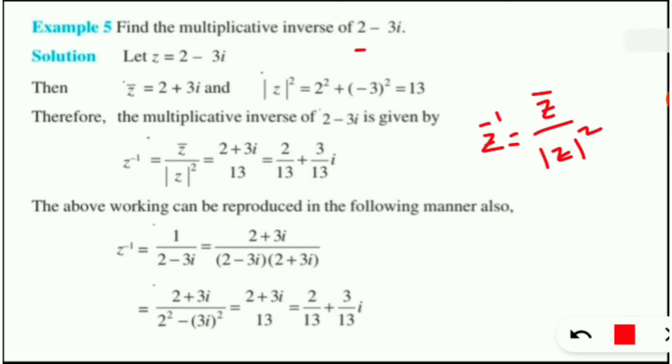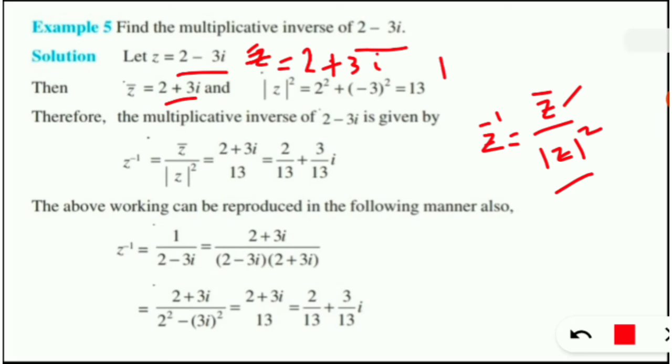Here z equals 2 minus 3i. So let z equal 2 minus 3i. After that we find z bar, the conjugate of 2 minus 3i, denoted by z bar. So this equals 2 plus 3i.